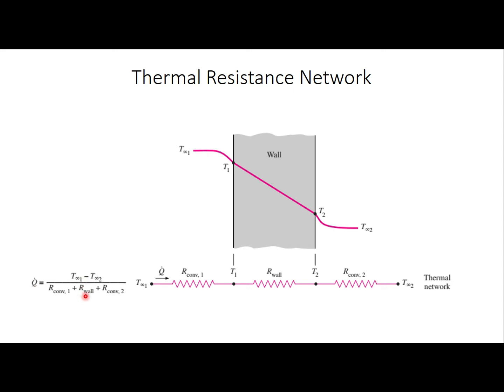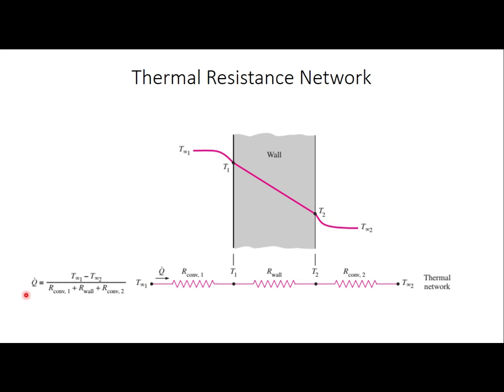So here we have three resistances, so we'll take the sum of all the resistances: R convective 1, which is the resistance faced during the first convection phase, R wall, which is the resistance offered by the wall, the conductive resistance, and the third one is R convective 2, which is faced during the second convection heat transfer.